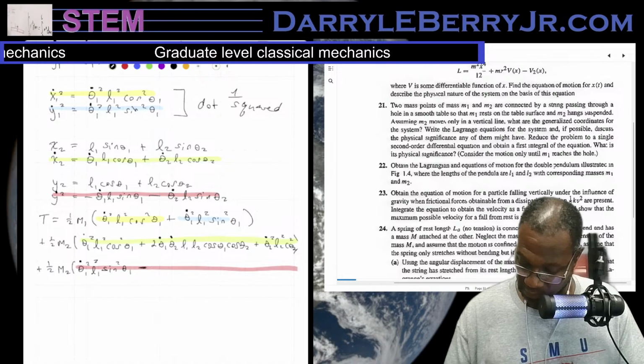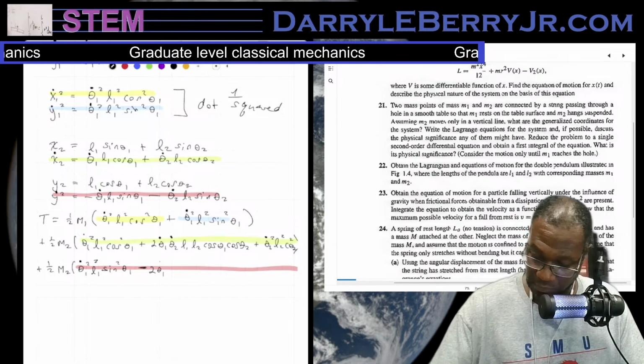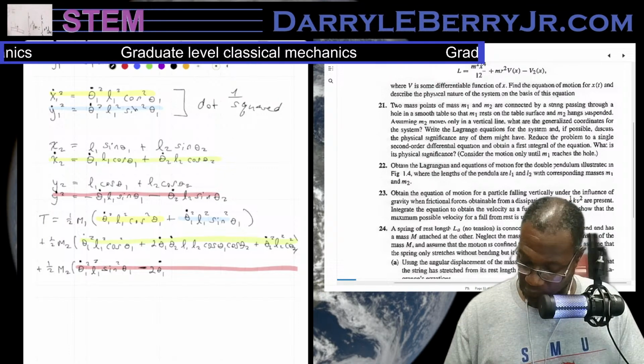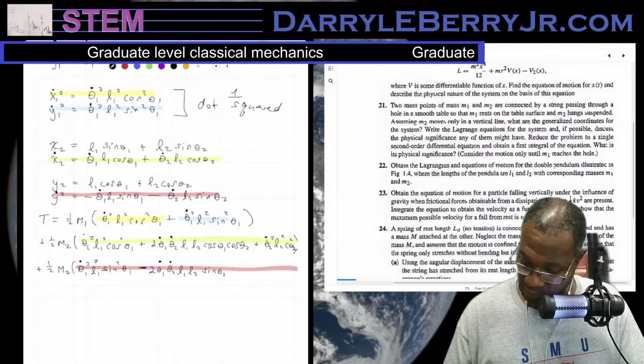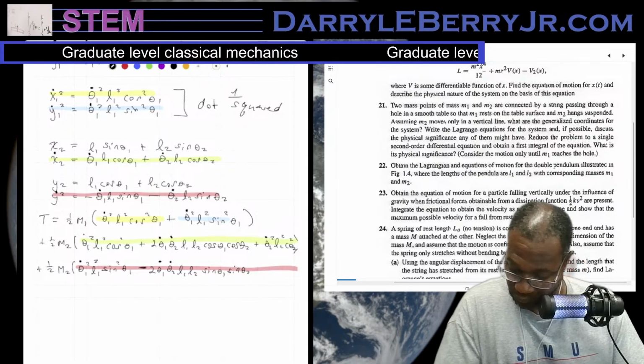minus 2 theta 1 dot theta 2 dot L1 L2 sine theta 1 sine theta 2. Let me look at my negatives more closely.